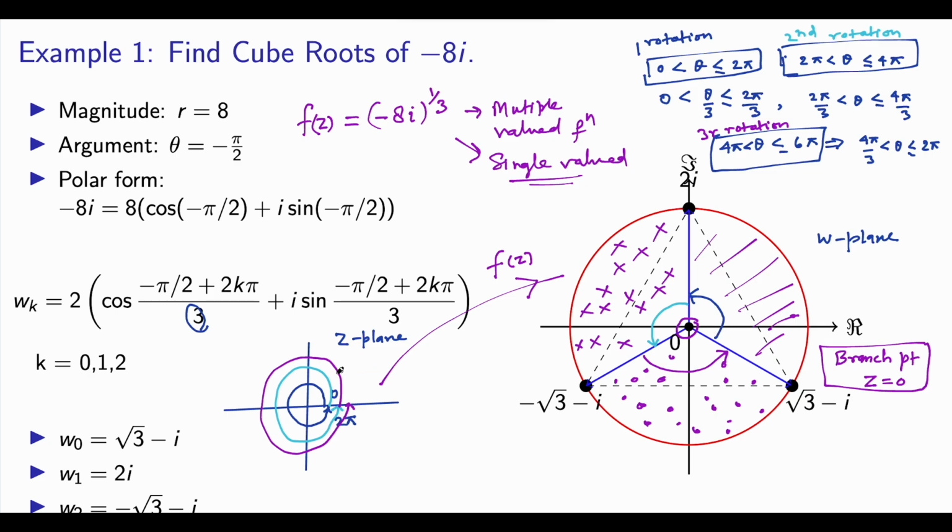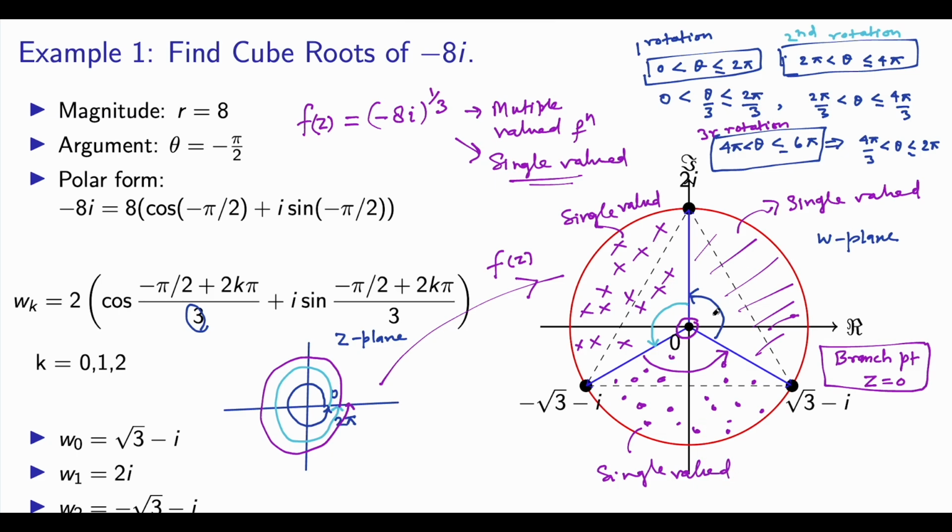But for the time being, for this cube root, you can see we have three Riemann sheets, right? In each sheet, the function is single valued. This function is single valued, and this is also single valued, and this is also single valued.